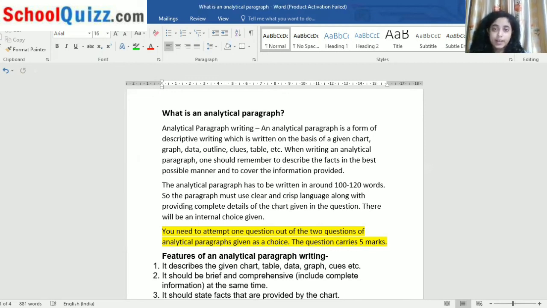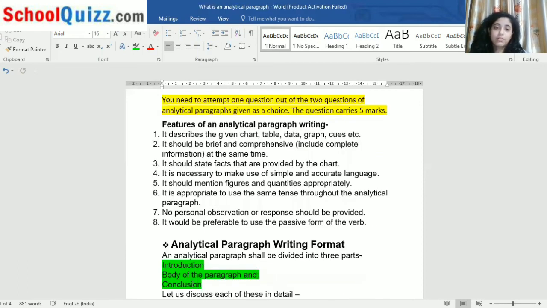It means we have to write in a descriptive format, in the best possible manner, covering whatever information we know about that subject. An analytical paragraph has to be written in around 100 to 120 words. The paragraph must be in clear and crisp language, along with providing details of the chart given in the question. There will be an internal choice given, meaning from the two you have to write either one.